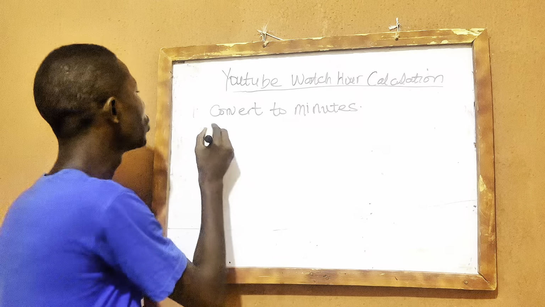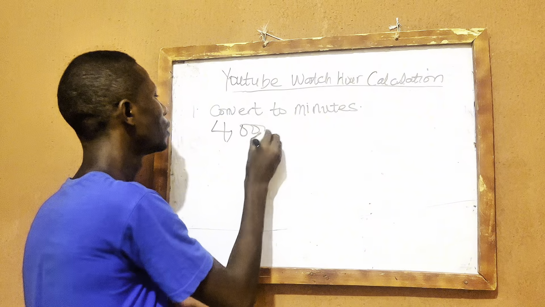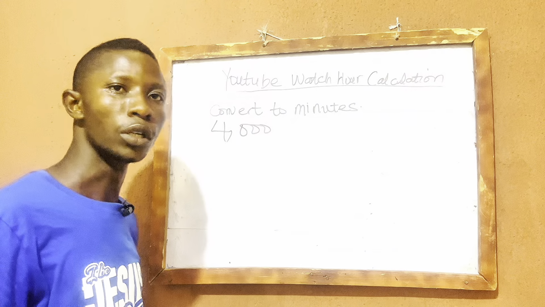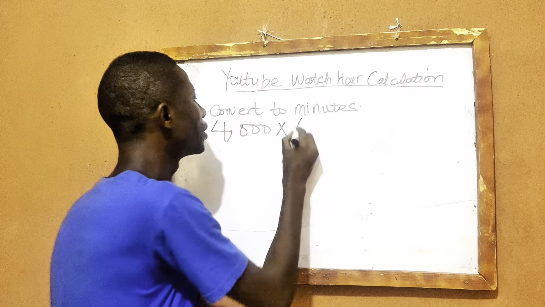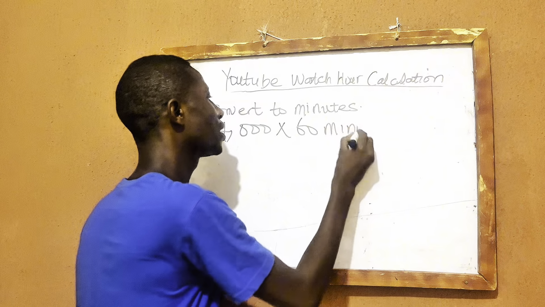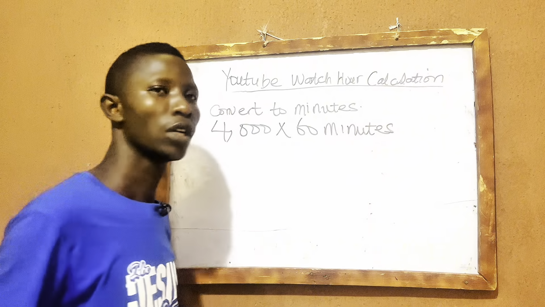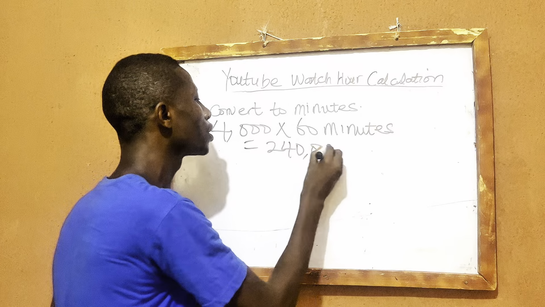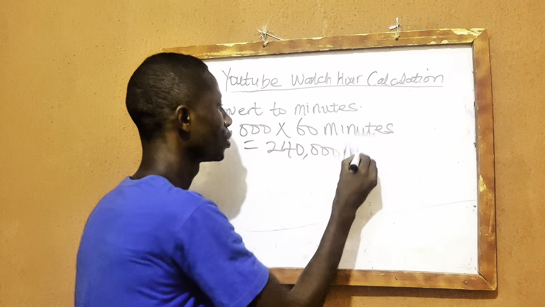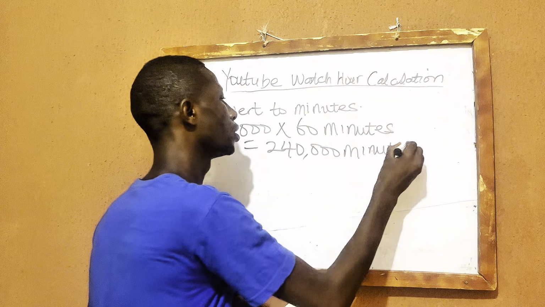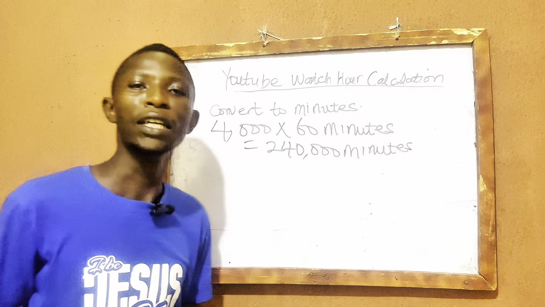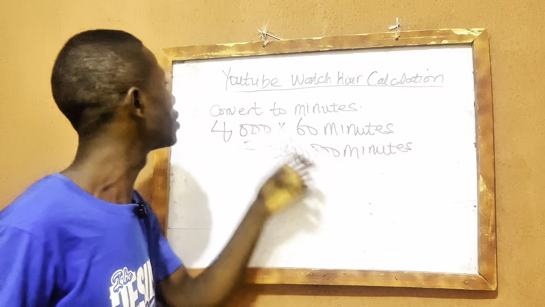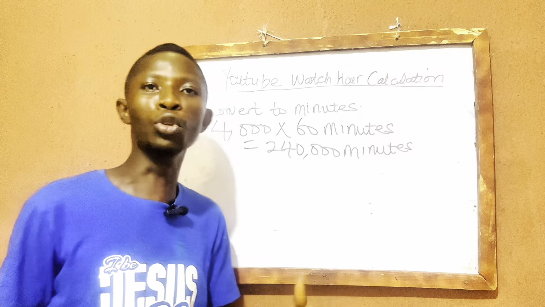So you take 4,000, the watch hours requested from you by YouTube, multiplied by 60 minutes, which gives you 240,000 minutes.